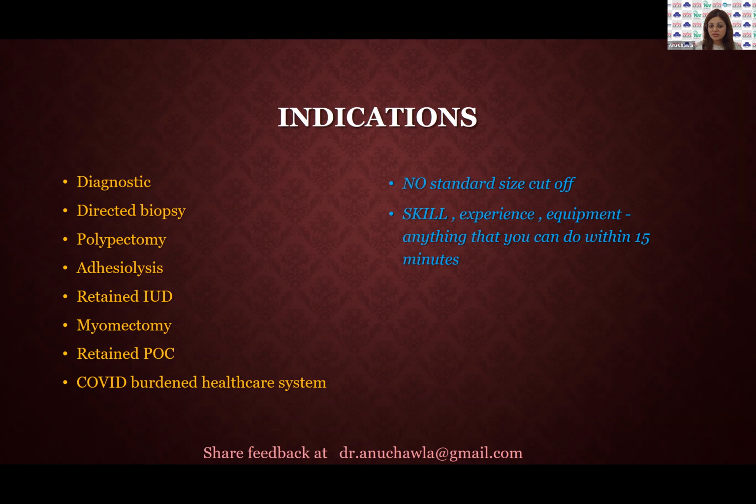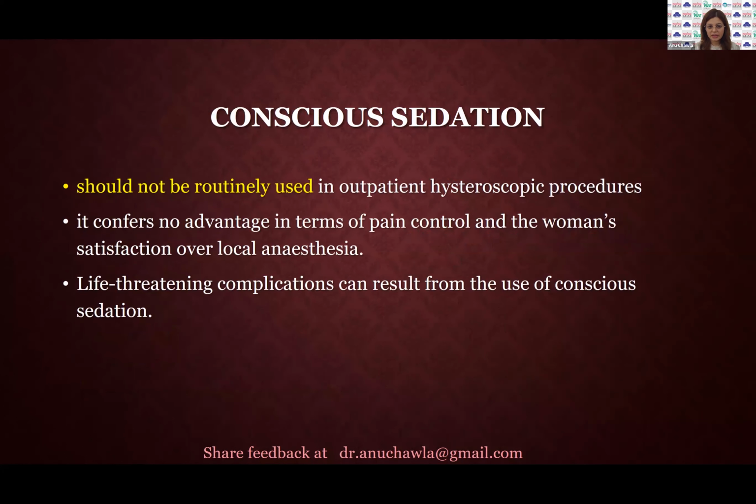There is deliberately no number, like 4 centimeters, put as the threshold for a polyp, because it depends on the skill of the doctor. Some people need more time, and some people can complete that within that time. So the time is more important, because office procedures cannot be longer than, say, 15 to 20 minutes.